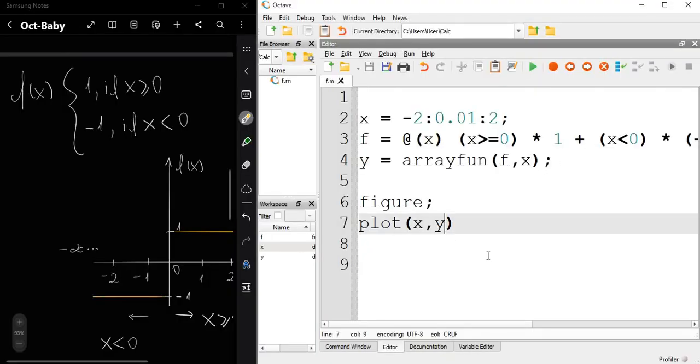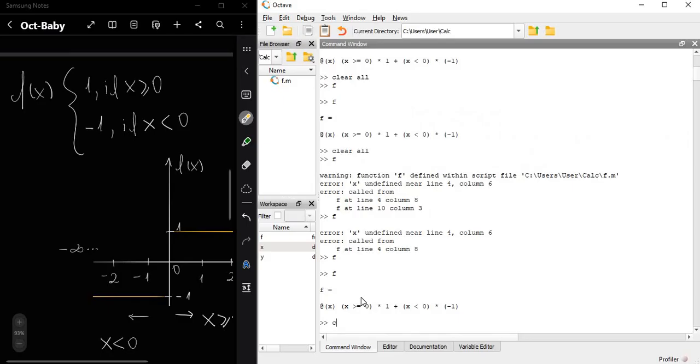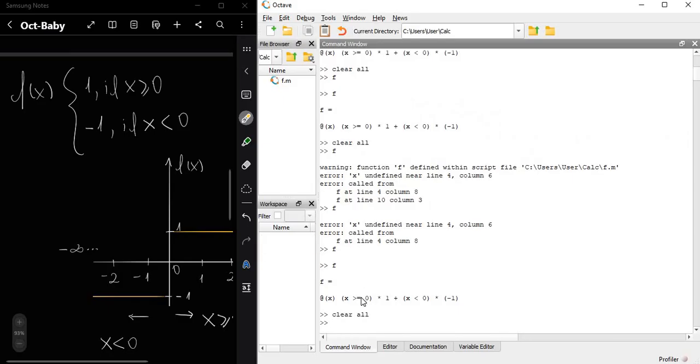We can use this resource like a line width, and so let's see. Let's clear the Octave memory.